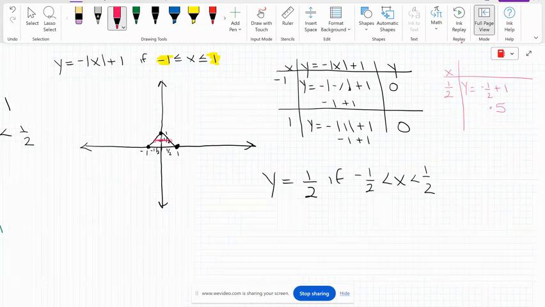Yeah, so this is on the line. So because it's on the line, closed trumps open. So these would be closed circles here. And that's the first graph.